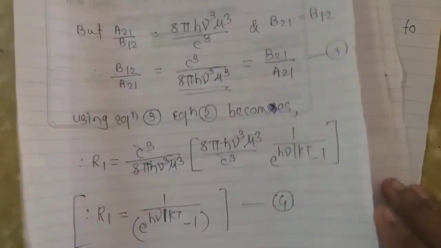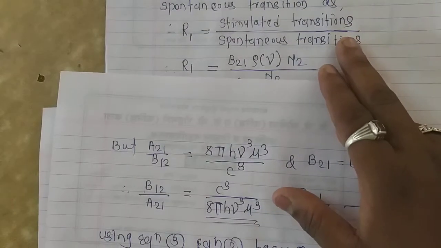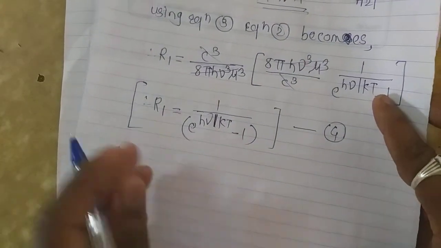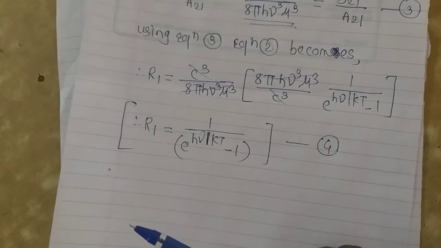That is the ratio of stimulated emission to the spontaneous emission. Then we write the ratio of the stimulated transition to the absorption transition.